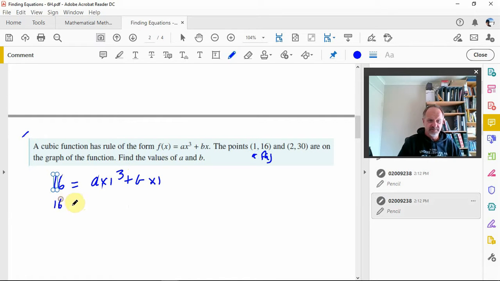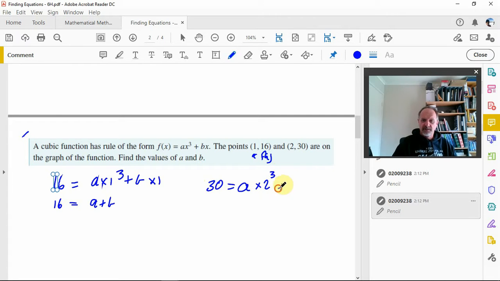So 16 equals a plus b. And then when we use the next one, 2 and 30, it's equal to 30 when x is 2. So 2 cubed is 8. And so there's an equation.